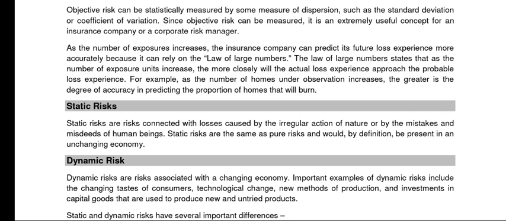Dynamic risks are risks associated with a changing economy. Important examples of dynamic risks include the changing tastes of consumers, technological change, new methods of production, and investments in capital goods that are used to produce new and untried products.